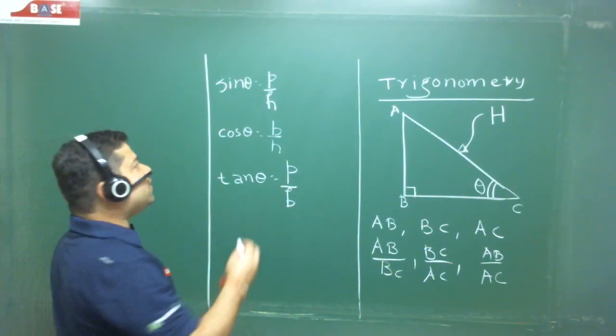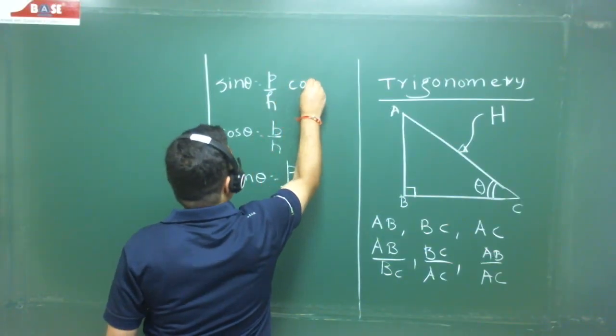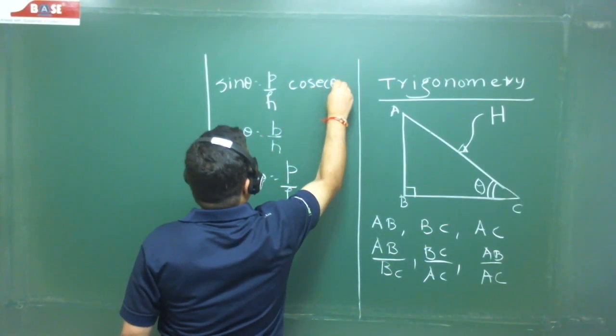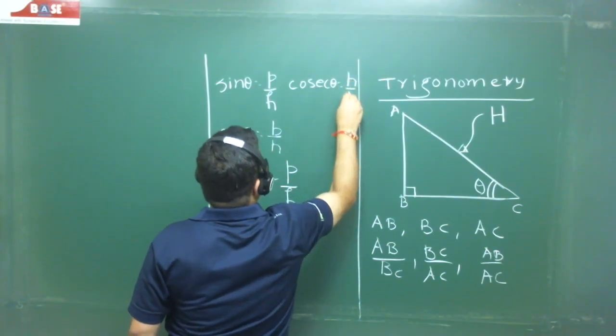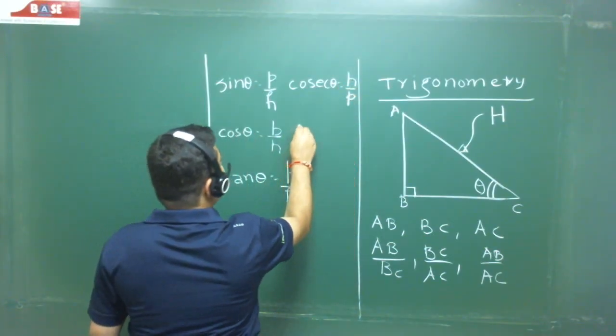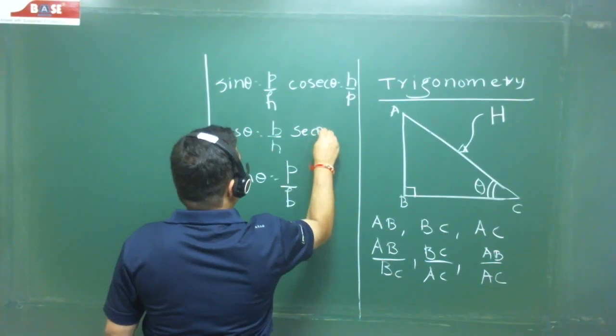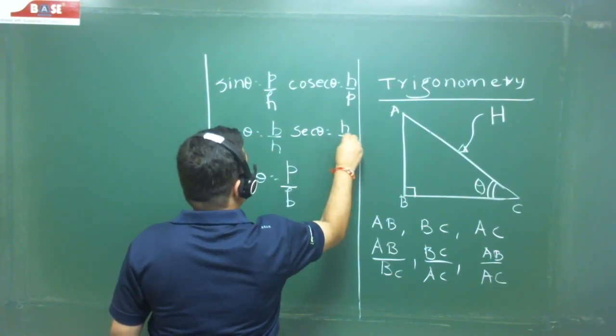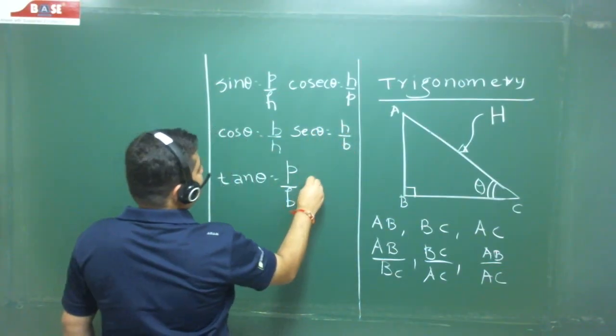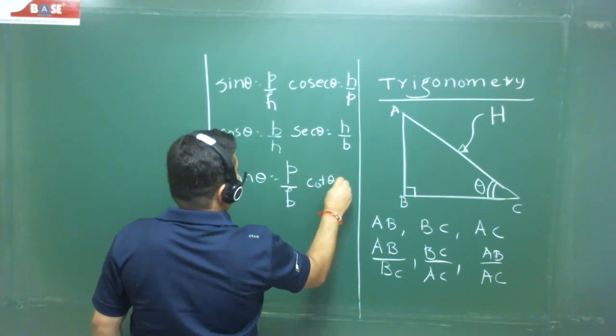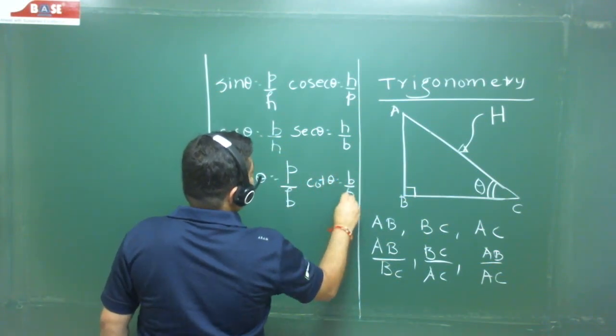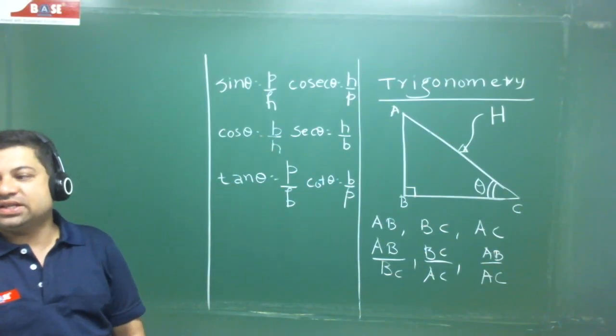Now the reciprocals: cosecant theta is H by P, secant theta is H by B, and cot theta is B by P. I hope this part is clear.